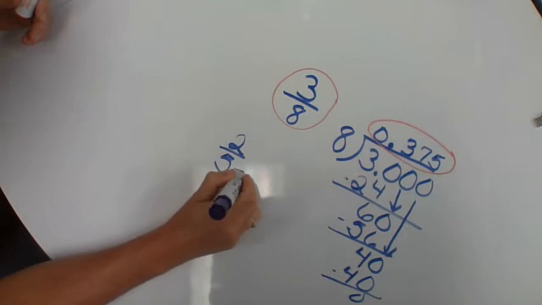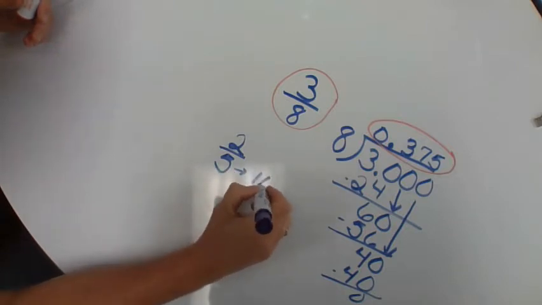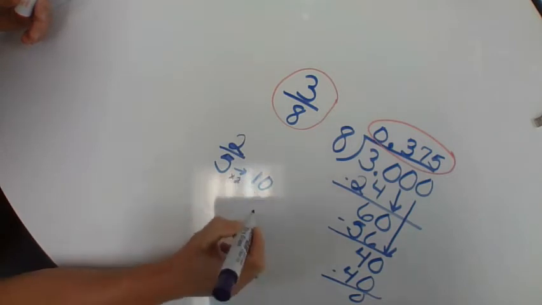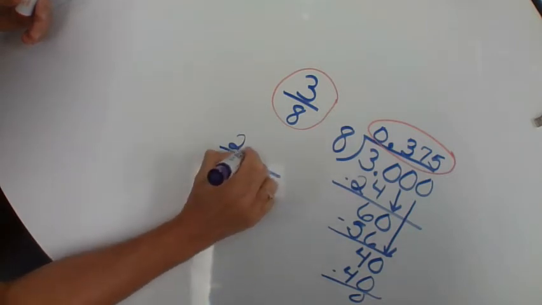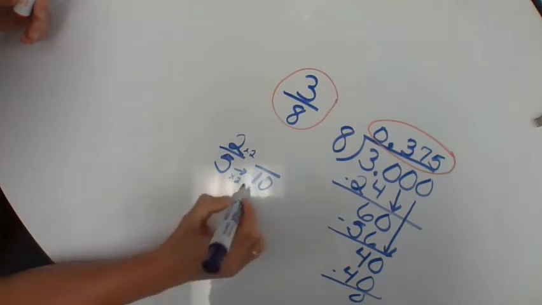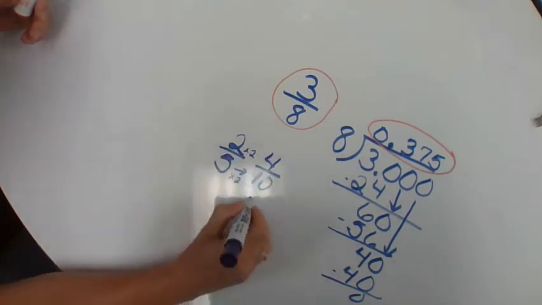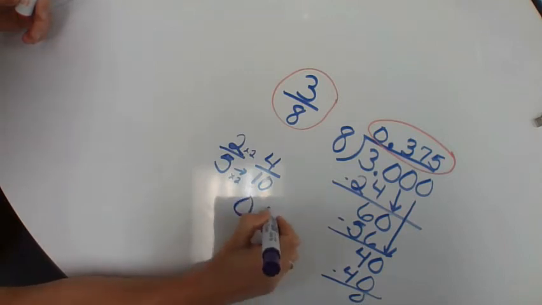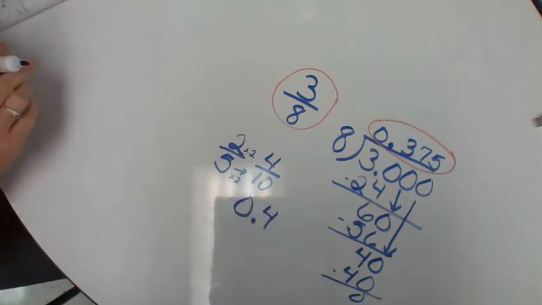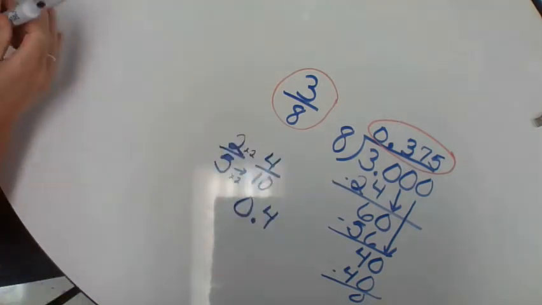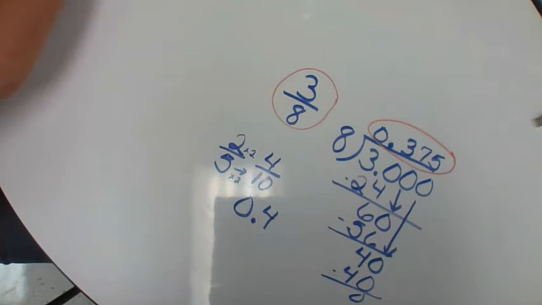So we can change this 5 to a 10 rather easily by multiplying it times 2. So you'd multiply the numerator times 2 as well and get 4 tenths. 4 tenths as a decimal looks like 0.4. Much easier, a lot less work than having to divide. But sometimes dividing is your only option.